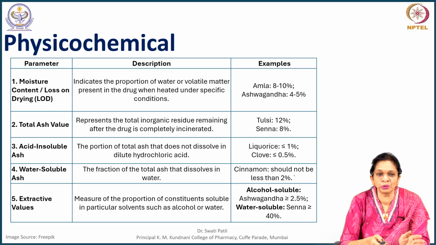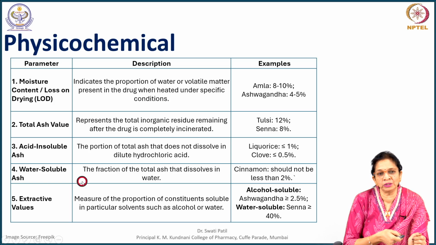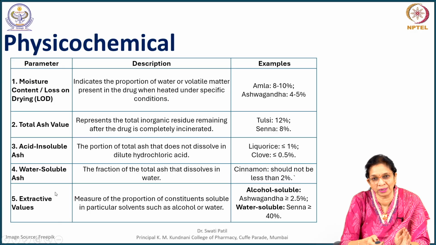So, this also tells us whether the drug has the required amount of active constituents. These are official values mentioned in different official texts, which by comparing will help us authenticate a particular drug.